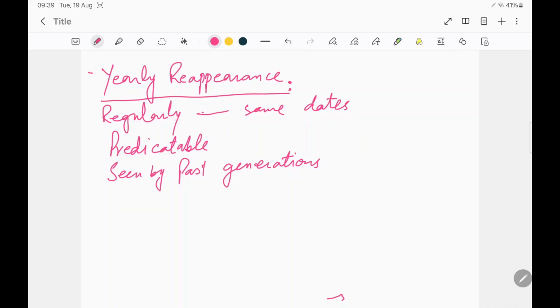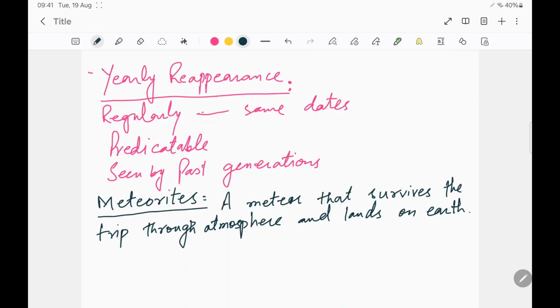He has talked about in 1833 he observed what we can say a very heavy meteor storm. And it is hoped that they will be seen by the future generations as well. So they are quite predictable. They appear annually and almost on the same dates.